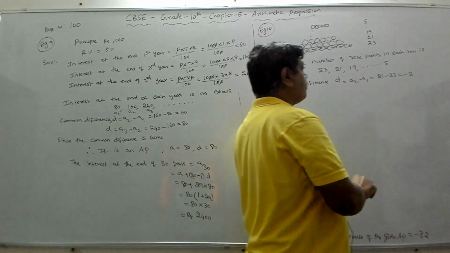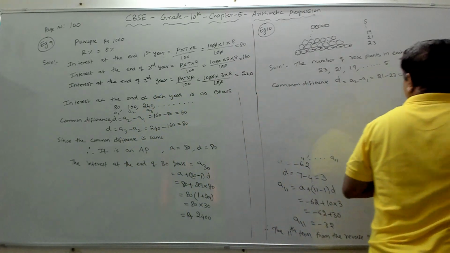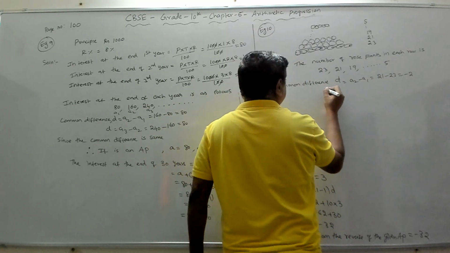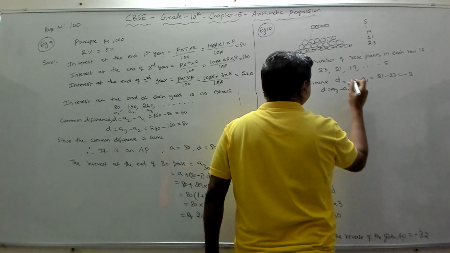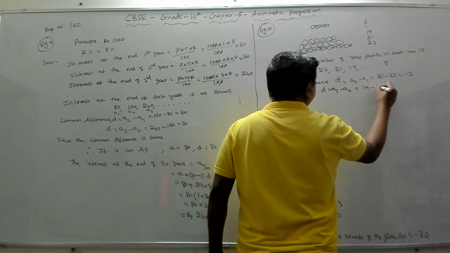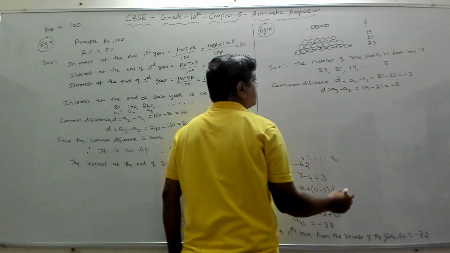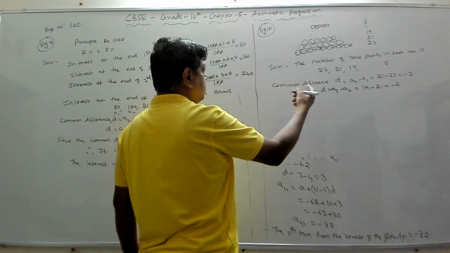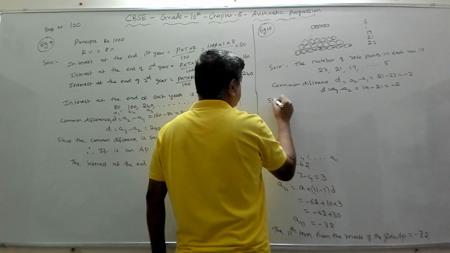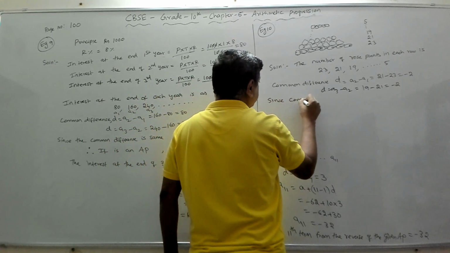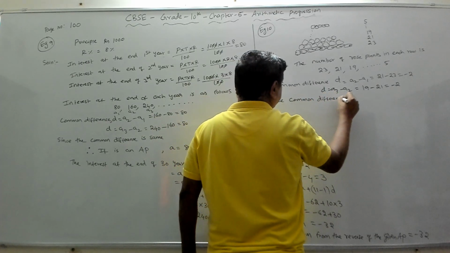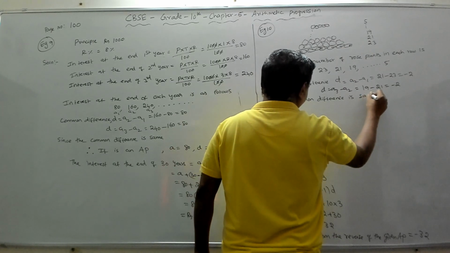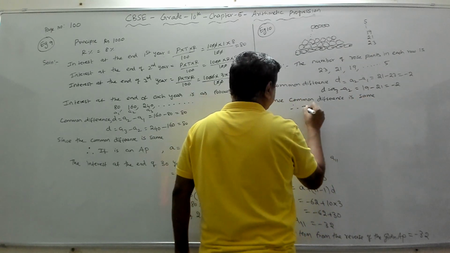Similarly, d equal to A3 minus A2, which is 19 minus 21, that is also minus 2. So since the common difference is the same, therefore it is an AP.